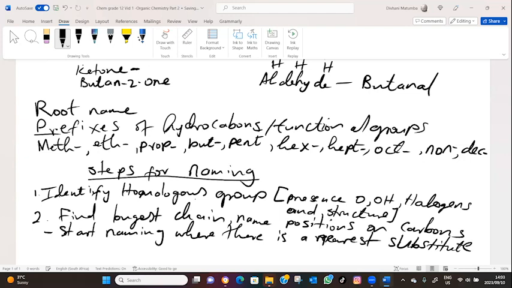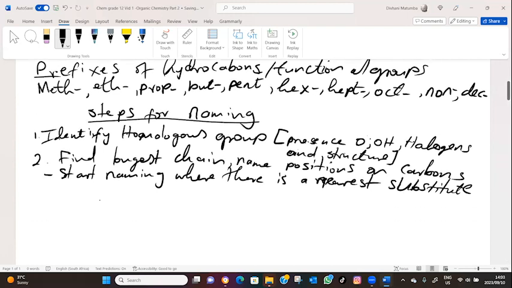Now, by substituents, these are your oxygen, your hydroxyl, your halogens, and so on and so forth.